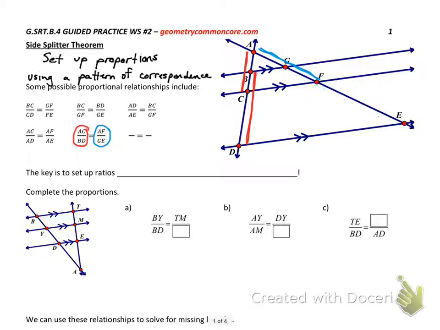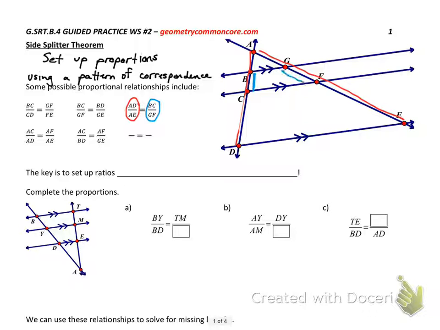And last one, just for completeness sake, let's look at AD over AE and BC over GF. So AD over AE, we got the two big ones right here. AD over AE and BC over GF.